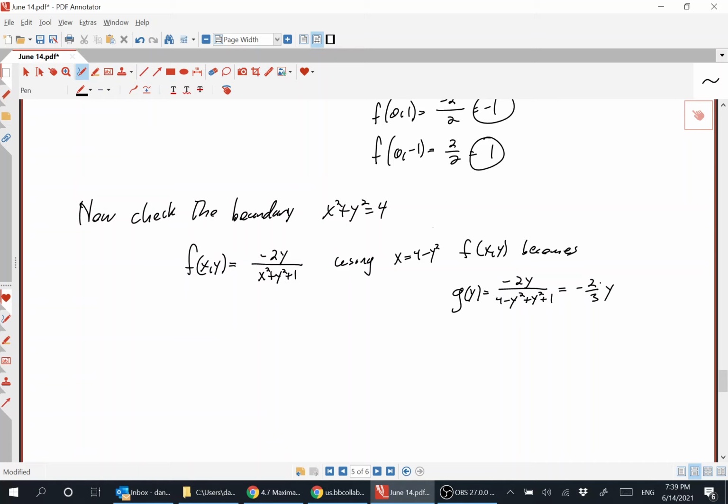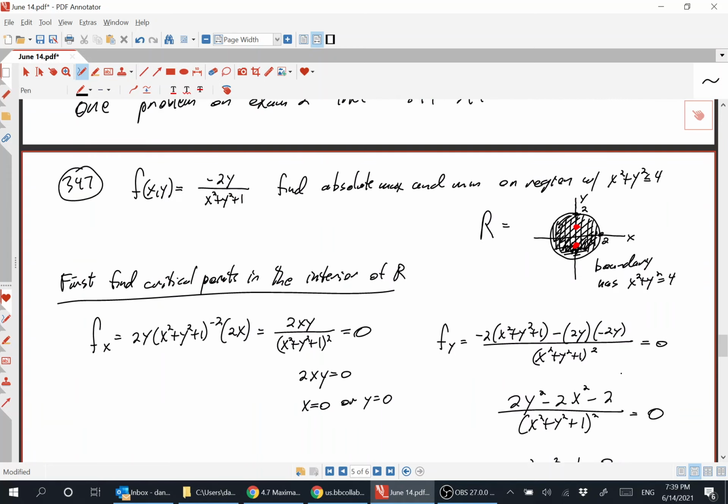For what values of y? What are the values of y that we're using here on that region?